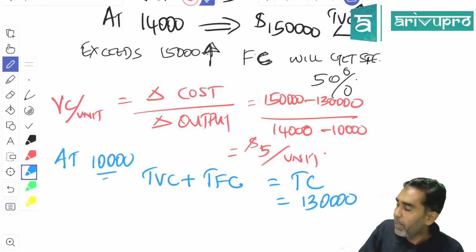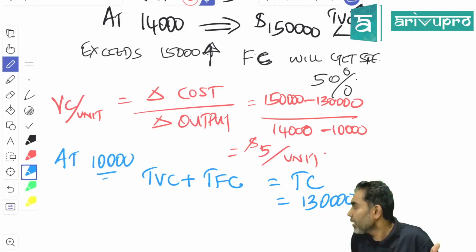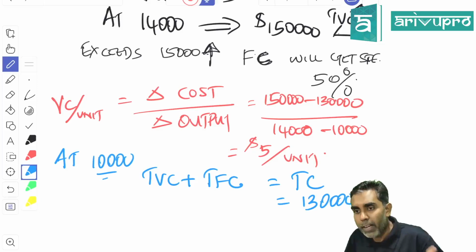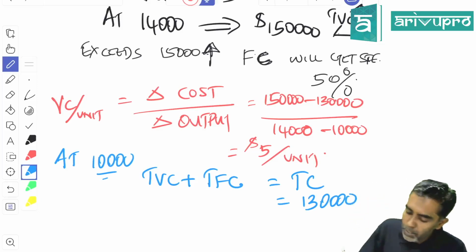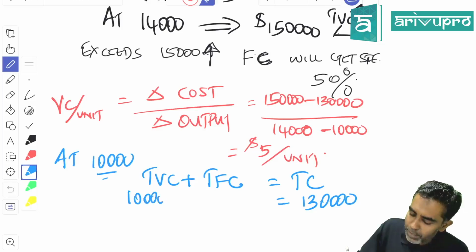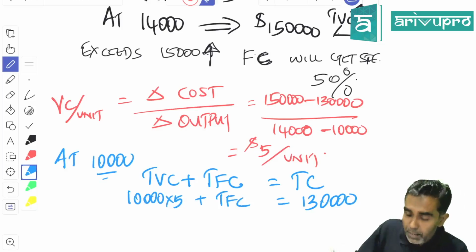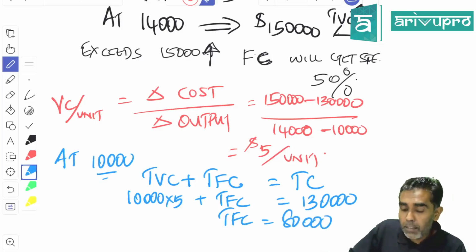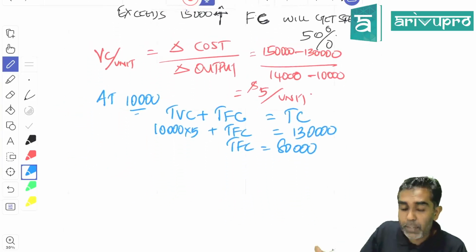Variable cost will vary based on the activity level. You found the per unit variable cost is 5. Therefore, the total variable cost at 10,000 units is 10,000 times 5, plus TFC. Correct? Now the TFC would be 80,000. Now we found the TFC.